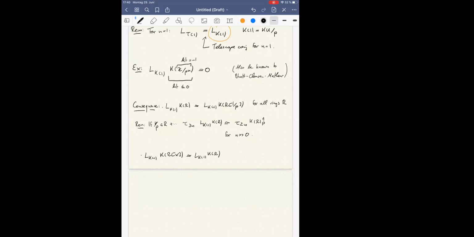This actually follows from the thing above, because this is known by Weibel if p is invertible in R and we p-complete. And K1 localization automatically p-completes, so it's known if p is invertible, and by the first consequence I just wrote down, we are allowed to invert p everywhere.